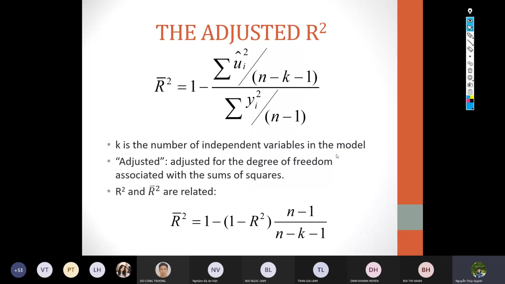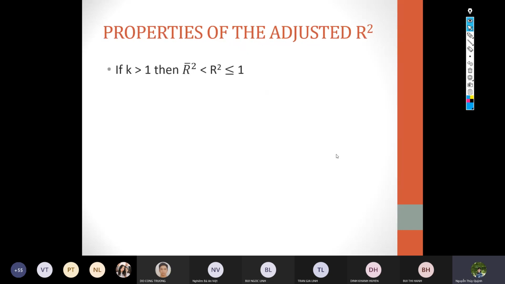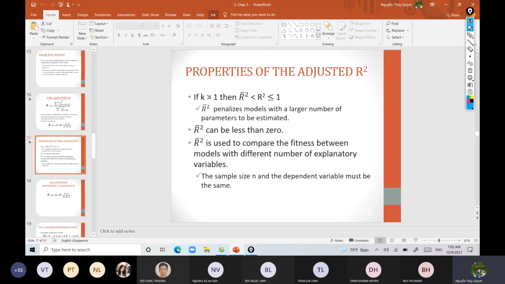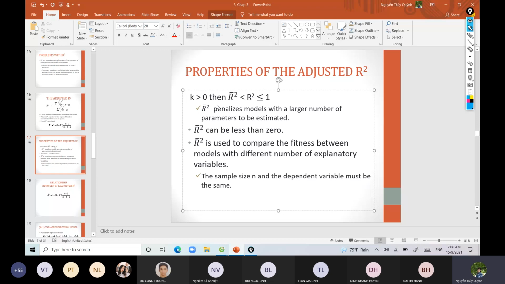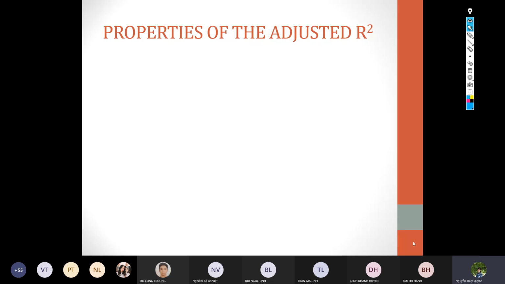Because k is greater than 0, R square bar is always smaller than R square, sorry. I must correct this. Because k is always greater than 0, we will always have R square bar, the adjusted coefficient of determination, smaller than the coefficient of determination.